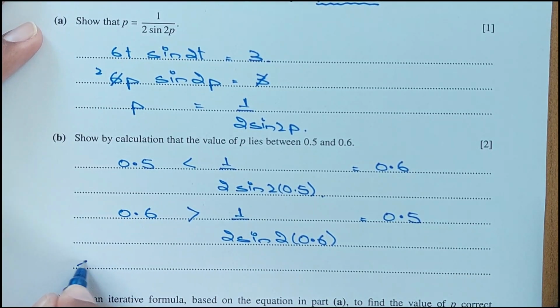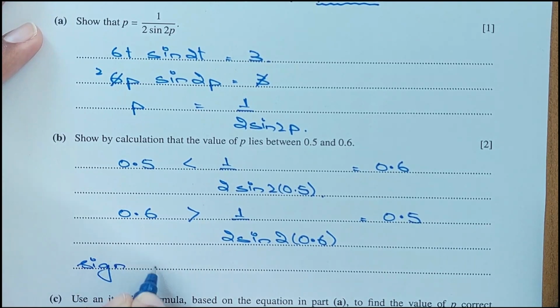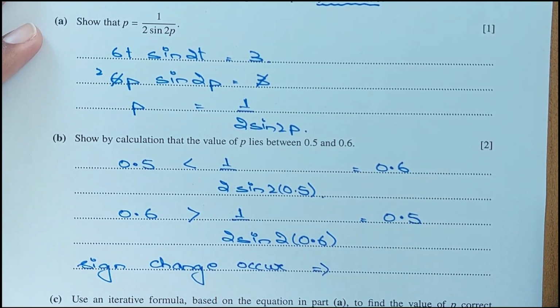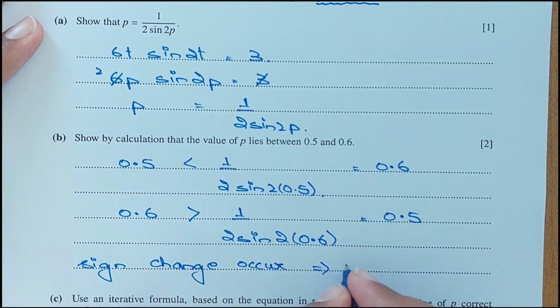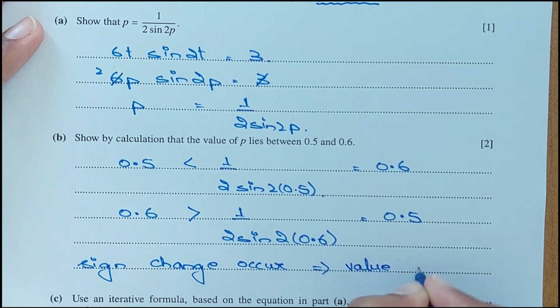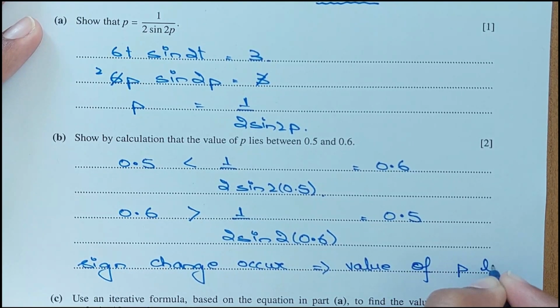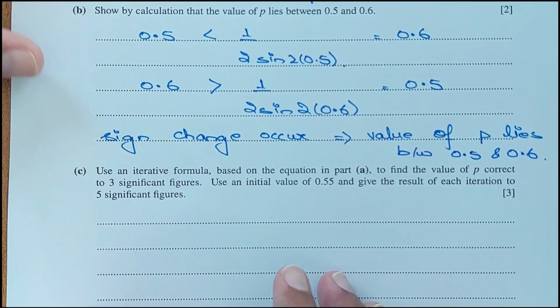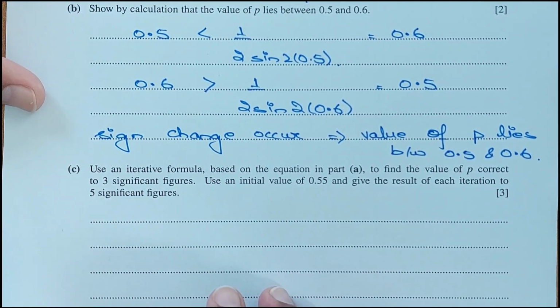So the sign change occurs. This implies the root, or the value of p, lies between 0.5 and 0.6, right?